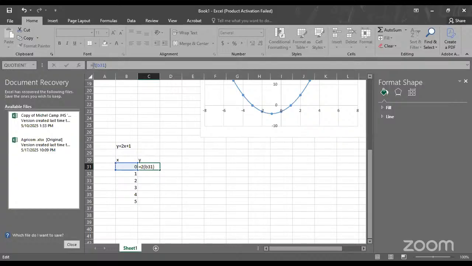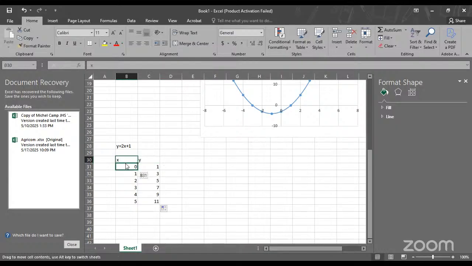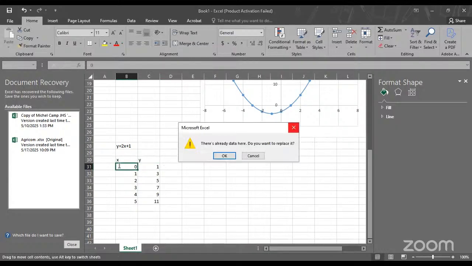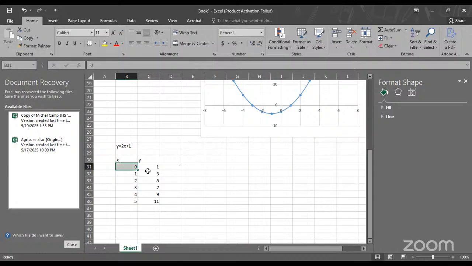So we can just put this, and then plot a linear graph with this. Let's see how we can plot a linear graph with this.